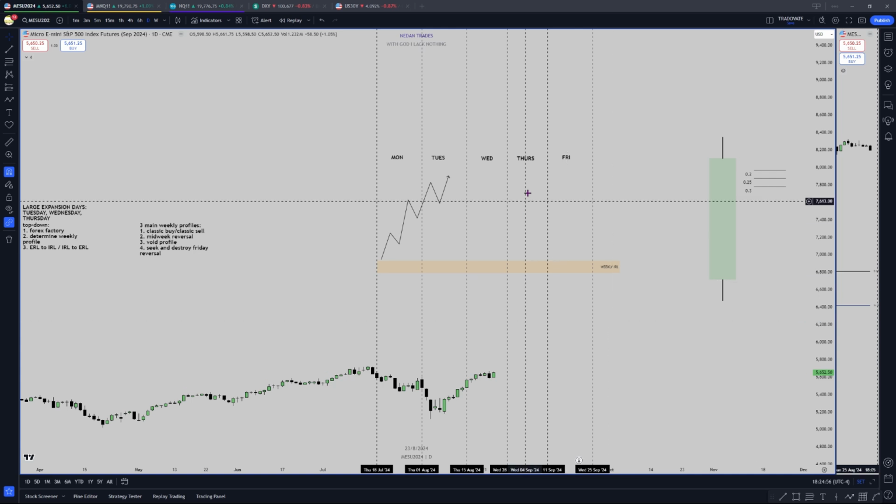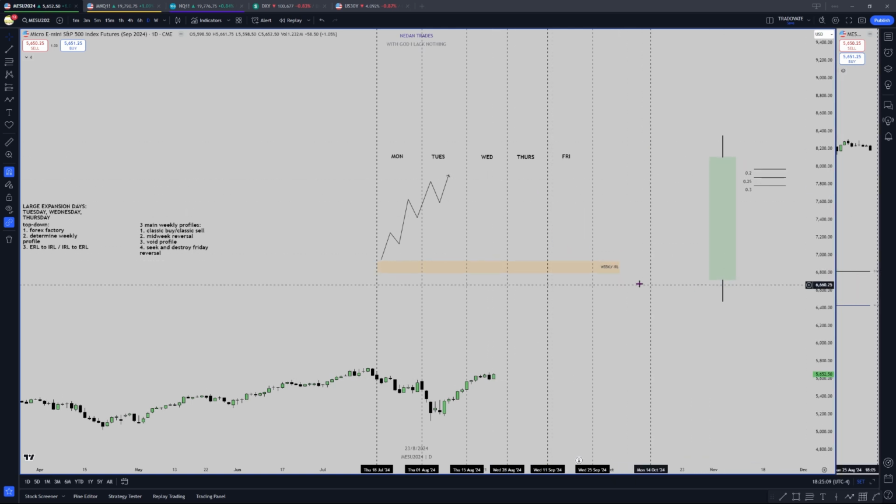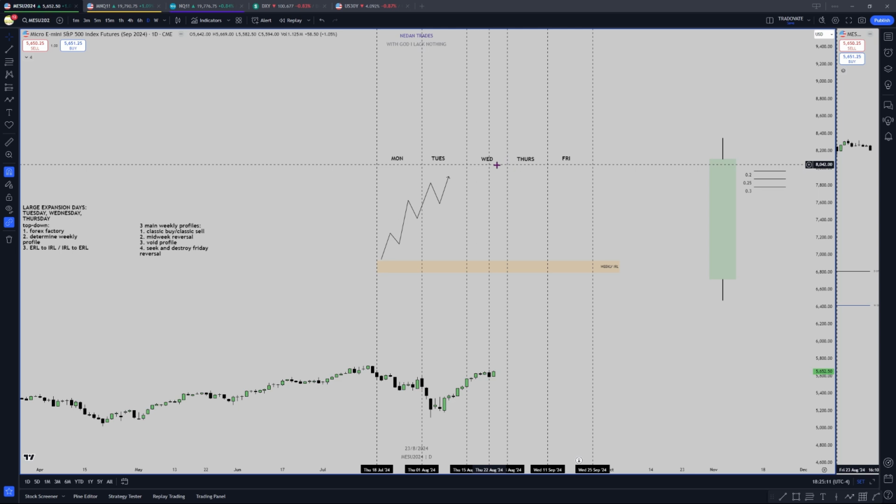So when this happens, my eye is immediately drawn to what Wednesday does. So given what Wednesday will do, which would be reach our point of interest, which should be either an IRL or an ERL, I could frame that Thursday would run stops on Wednesday if we have 8:30 news, and then trend downwards or upwards.